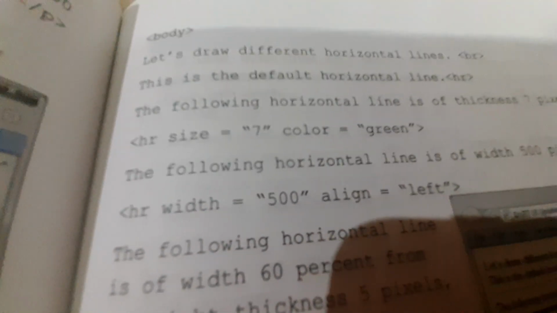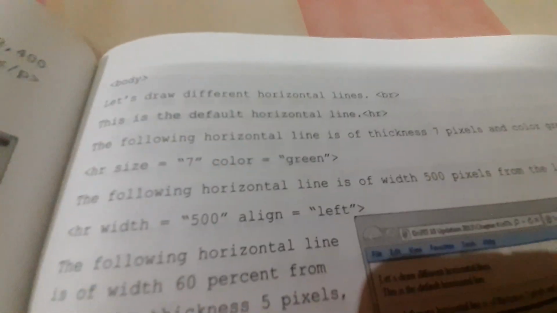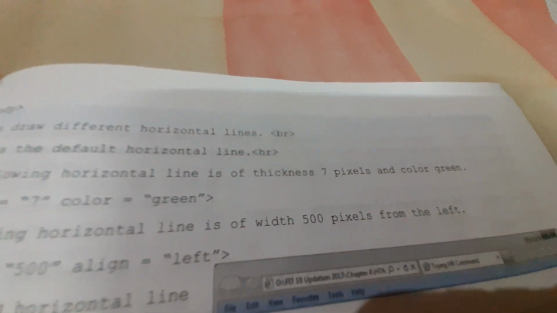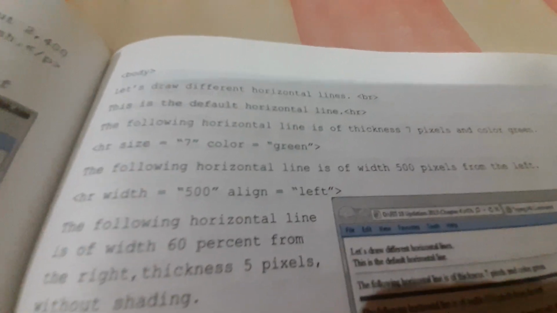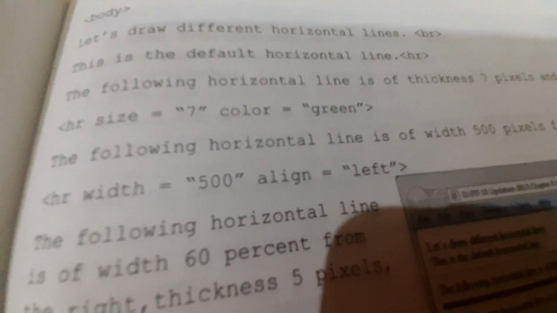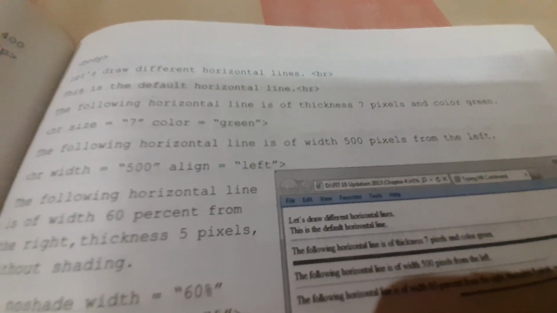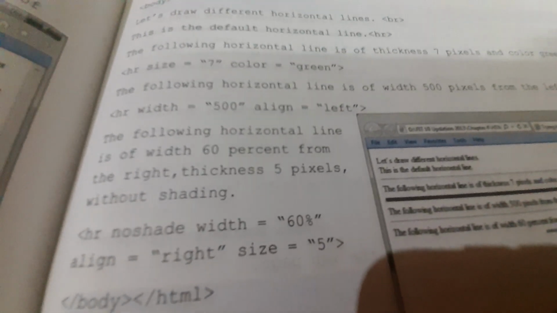The following horizontal line is of thickness 7 pixels and color green, and we are using HR size is equal to 7 and color is equal to green. The next horizontal line is of width 500 pixels from the left. We are setting HR width is equal to 500, align is equal to left.